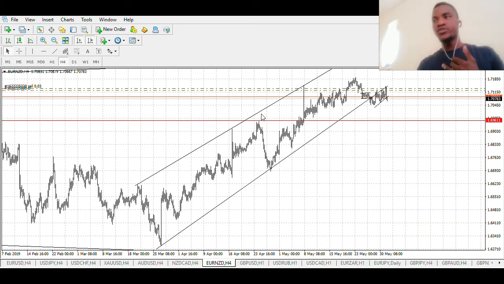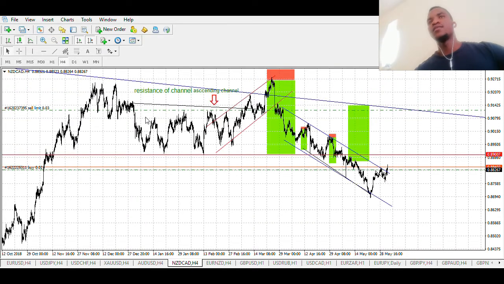Euro New Zealand dollar, so Euro Kiwi, it's a sell to this area because of this only. So this is the market structure that I'll be talking about. Kiwi CAD price is moving towards the upside towards this resistance. Quick take profits are going to be hit probably Monday or Tuesday.